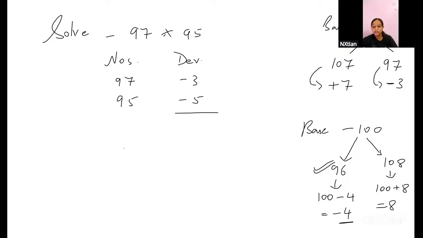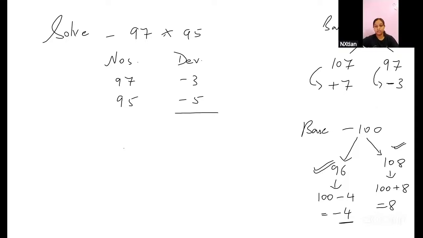If we write 4, it means that it is 4 more than the base, like 108, where we write only 8 because 8 is positive and shows it is 8 more than the base, which is 100. But if I put minus 8 in the deviation, it means it is 8 less than the base, so the original number is 92. Got it now?